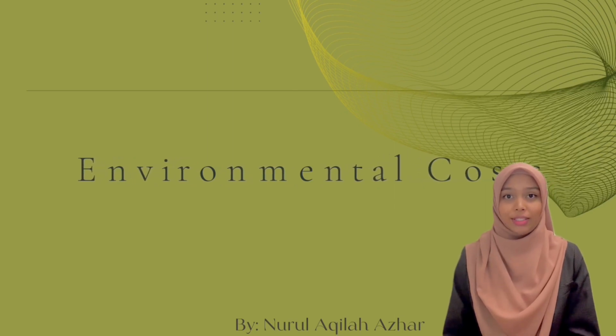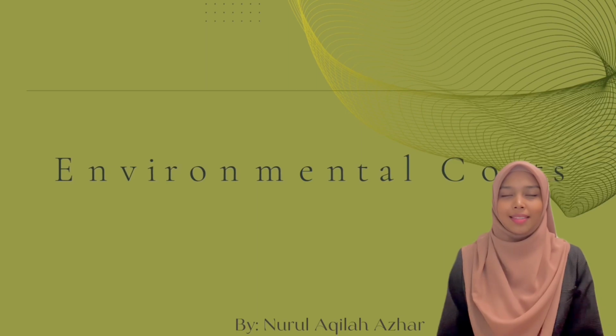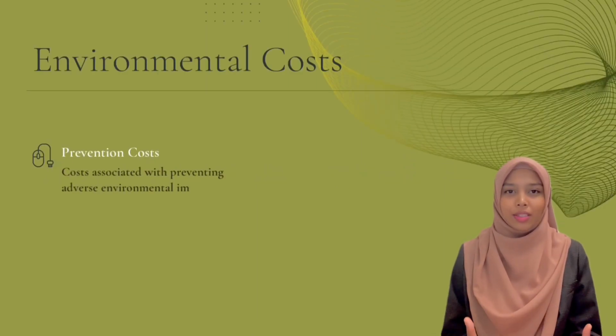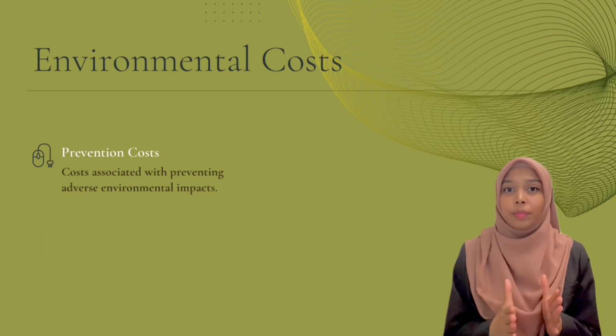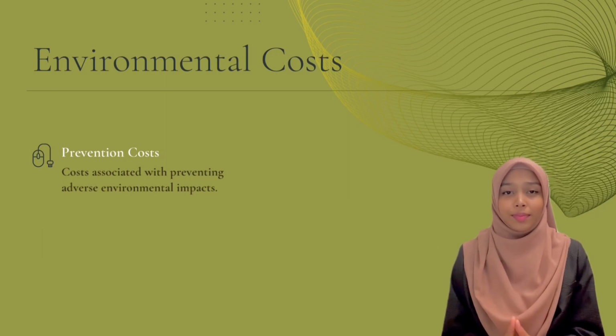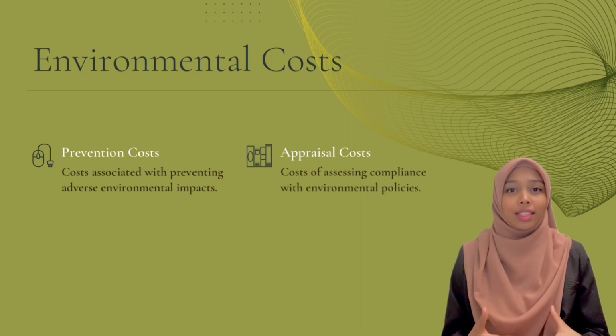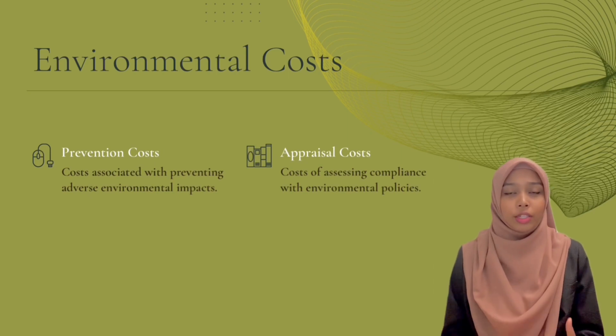Now we will look at the environmental costs, and an example of a company that implements them in its organization. Environmental costs can be categorized as follows. Environmental prevention costs. It is the cost of activities undertaken to prevent the production of waste. Next, we have environmental appraisal costs. It is the cost incurred to ensure that the organization complies with regulations and voluntary standards.